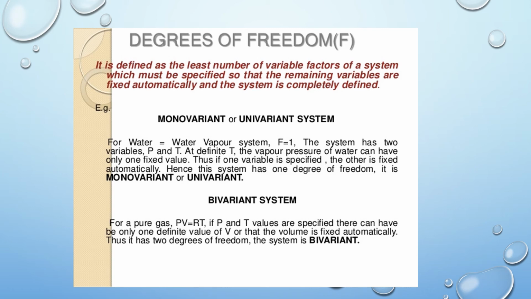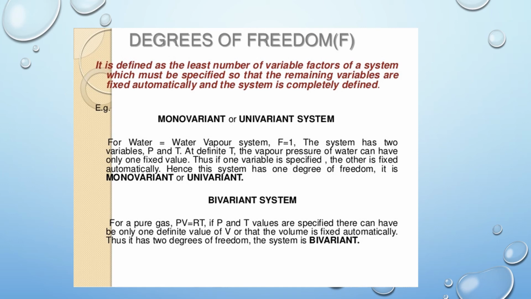So, the degrees of freedom or variance of a system is defined as the minimum number of independent variables such as temperature, pressure, and concentration that must be ascertained so that a given system in equilibrium is completely defined.